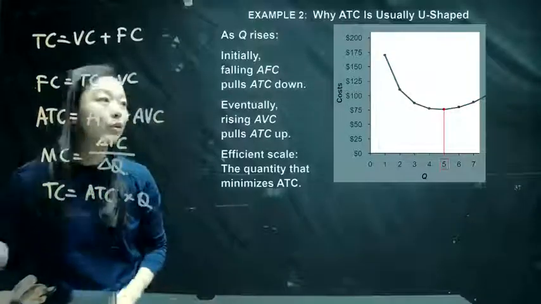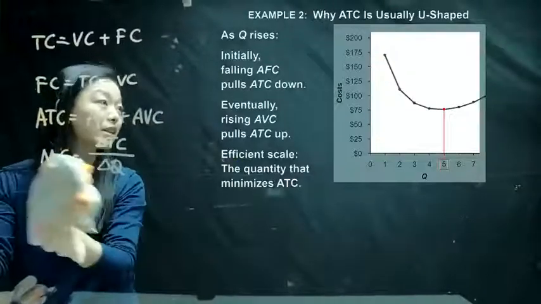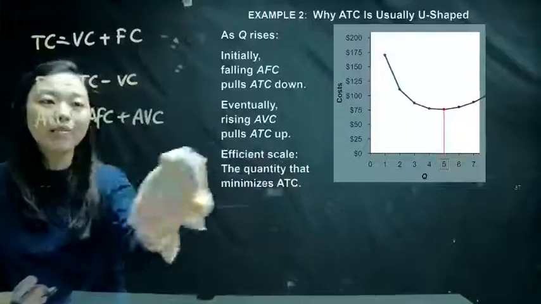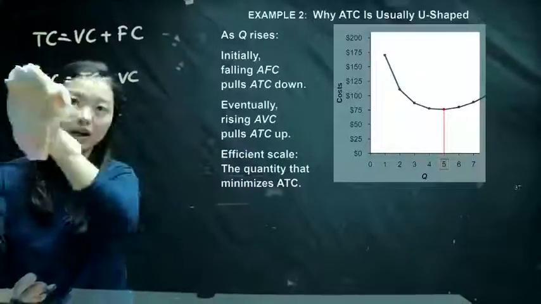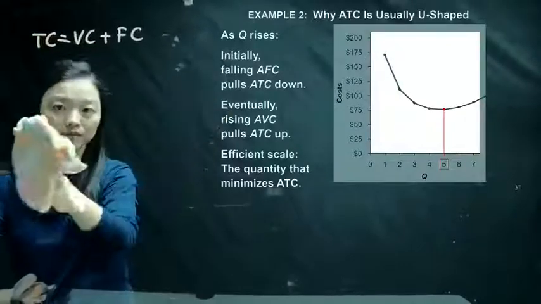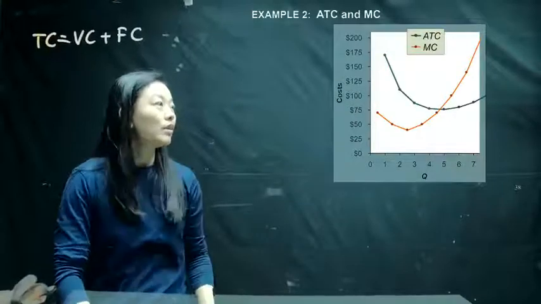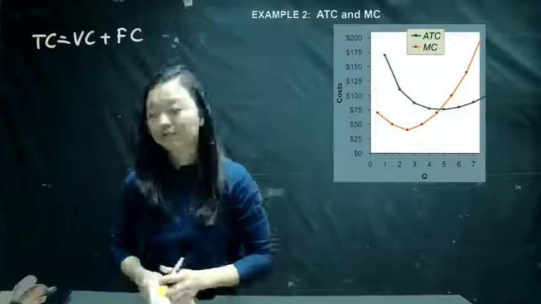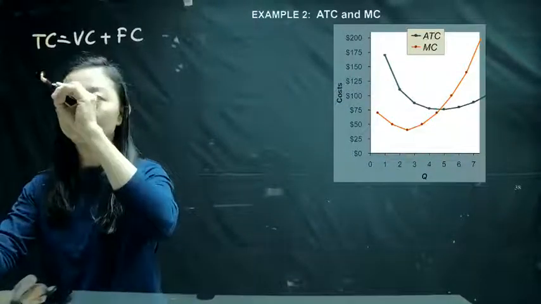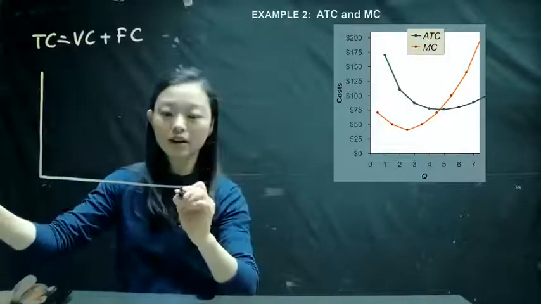And then we will talk about economies of scale. Economies of scale are related to the quantity that can minimize average total cost. Look at these two graphs.